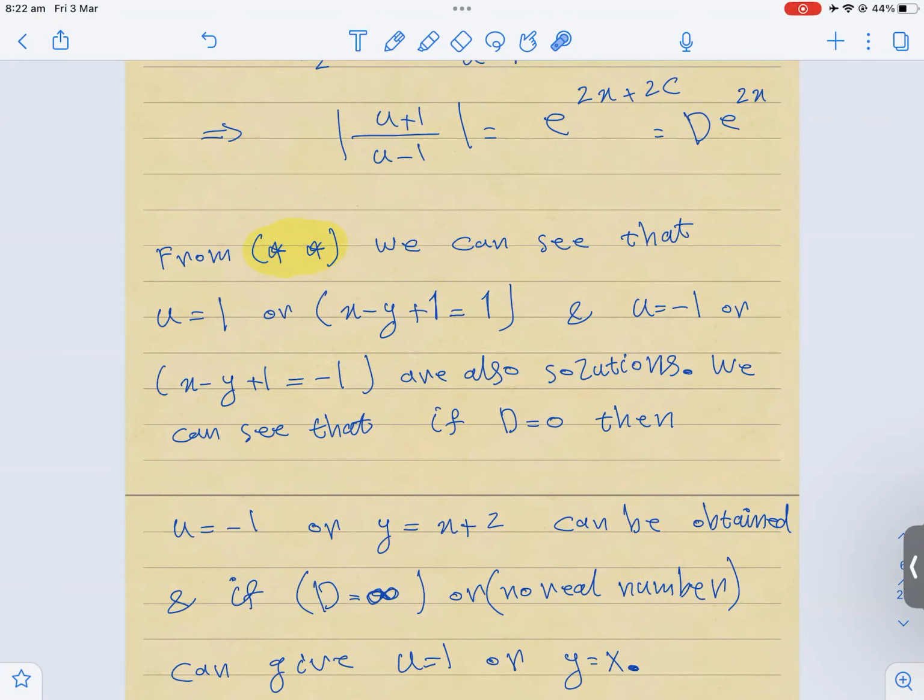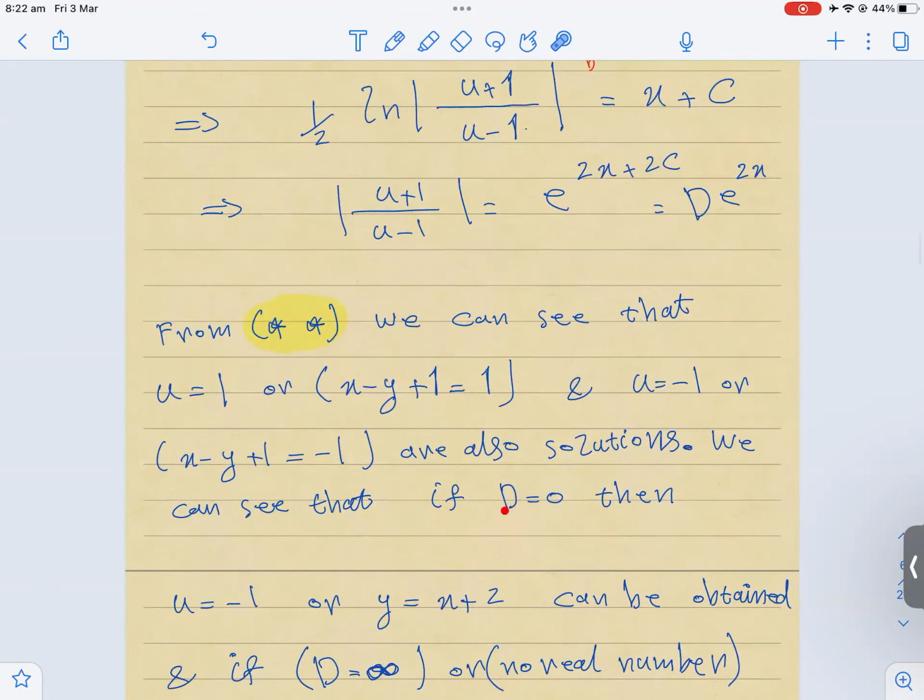We can see that if I take d equals 0 in this constant, then u equal minus 1 can be obtained. Okay, so u plus 1 over u minus 1, d is 0 here, so this will be minus 1.